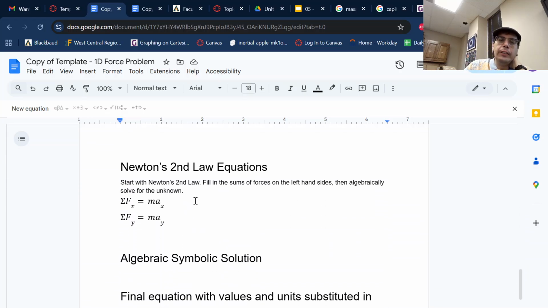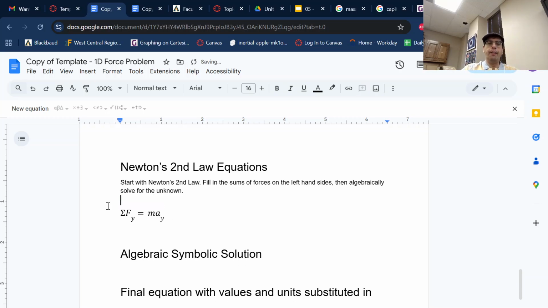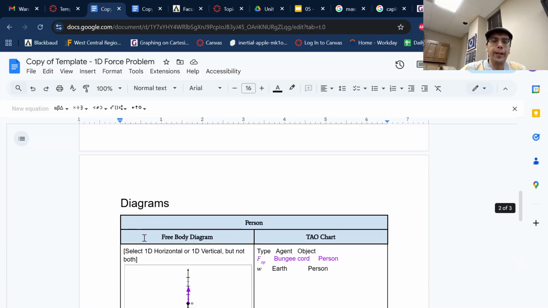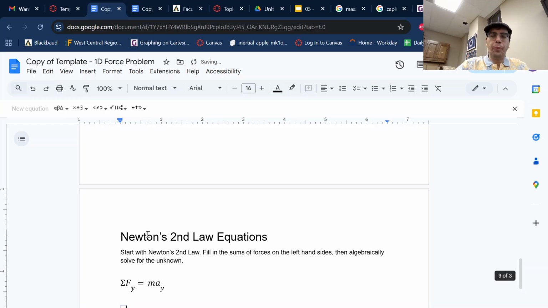And then just like with the watermelon, we're only dealing in the vertical direction, so we don't need that one. And if we apply our upward forces minus downward forces, what force or forces point upward? Spring is pointing upward. And what about downward? Weight.